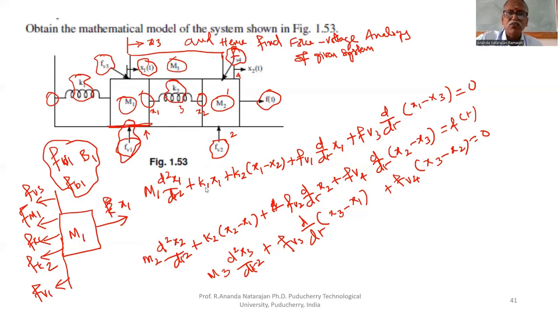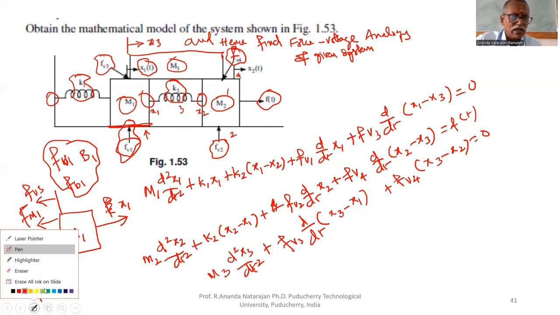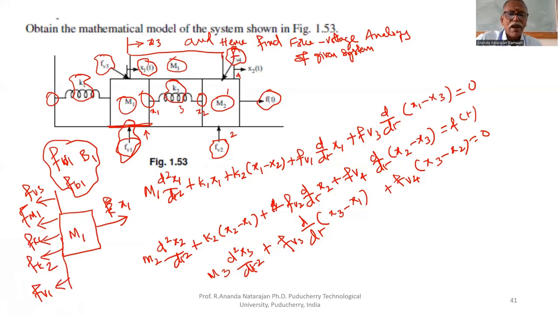How to convert this into force voltage analogy. For that, what we have to do is take the first equation. L1 d square q1 upon dt square plus, equal to what? 1 by C1 q1 plus 1 upon C2 times q1 minus q2, plus FV1.